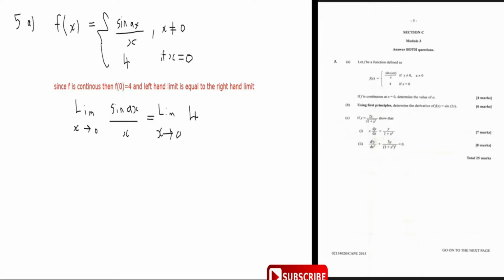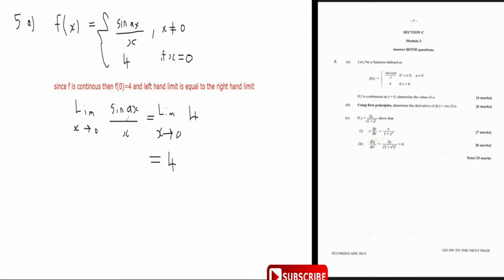Now, the limit as x approaches 0 of 4 is just 4. Over here, we have the limit of sine ax over x. Now, we know that the limit of sine x over x as x approaches 0 is 1.